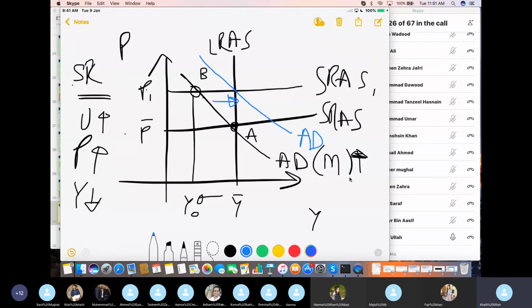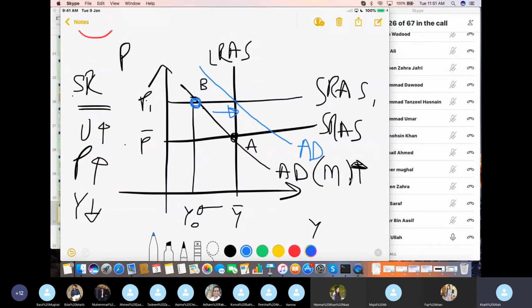This did not happen because of the shock. This is where the central bank is doing it itself. It's stabilizing the economy. What the central bank does is it moves the economy from point B to this new point over here, let's call it point X, which is the stabilized point.